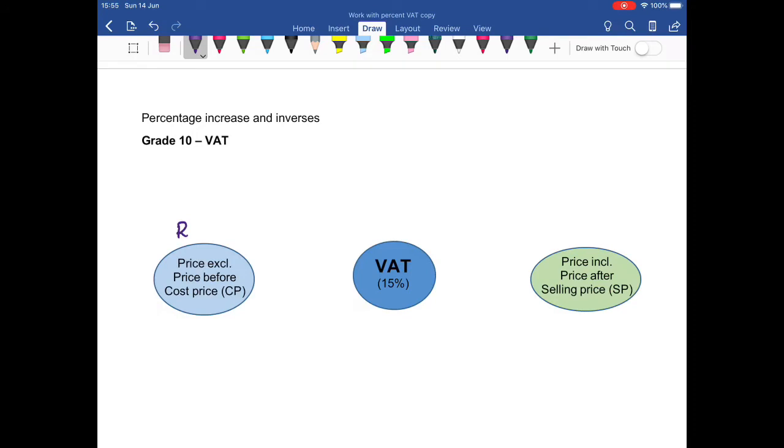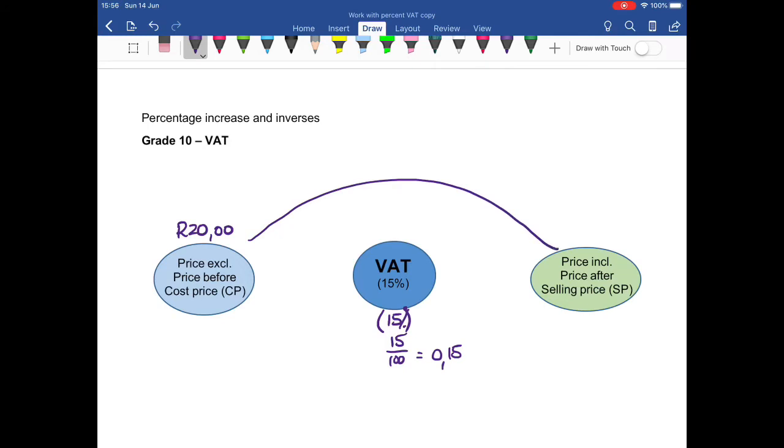Like I said, if I had 20 Rand, I'm going to increase it by 15% because that is VAT, and so that is 15 over 100, which gave me 0.15.